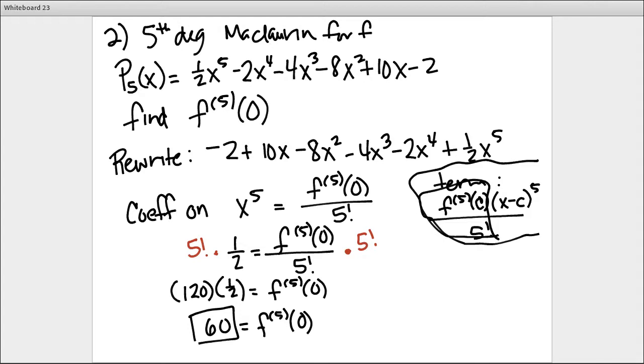All right. We also asked you to find, given a power series, the interval of convergence of the power series. So I'm going to do number 6 on the review worksheet, where the power series they gave you goes from n equals 1 to infinity of (-1) to the nth power times (x minus 1) to the nth power all over 2n.